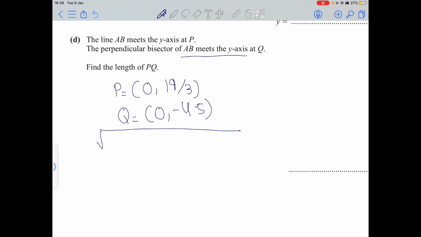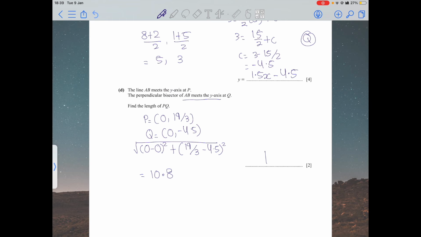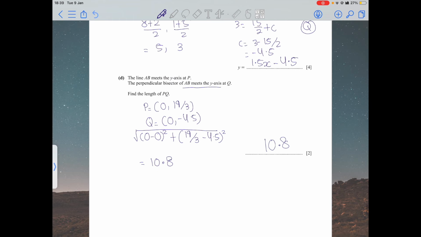That gives me 10.8. So how I'm going to write that is 0 minus 0 squared plus 19 over 3 minus negative 4.5 squared. All right, that gives me 10.8. So that's going to be the length, 10.8.